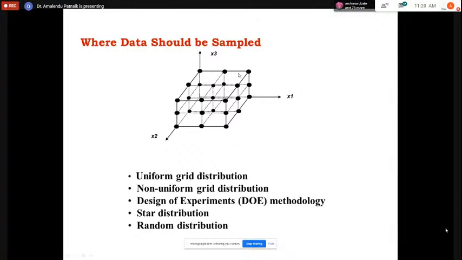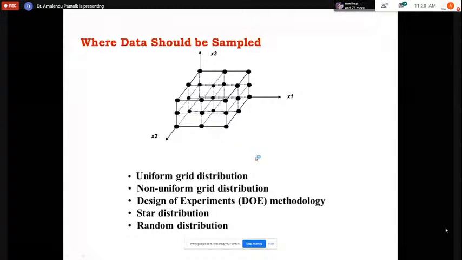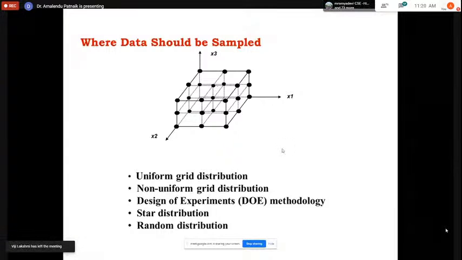That means you take your training data after fixing the range for all the variables x1, x2, x3. You take the data at equal intervals. If you take your data in this manner, you will find that the training usually takes less computation time.